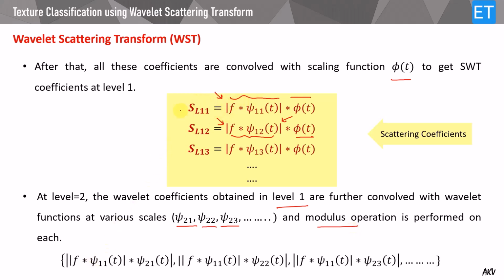So for the level 1 wavelet coefficients of f convolved with psi1, I have shown these coefficients at the second level convolution. You can see that for the wavelet coefficients obtained in the first level, we perform the mod operation, then we further convolve these coefficients with the wavelets at level 2, and then we again find the mod of these coefficients.